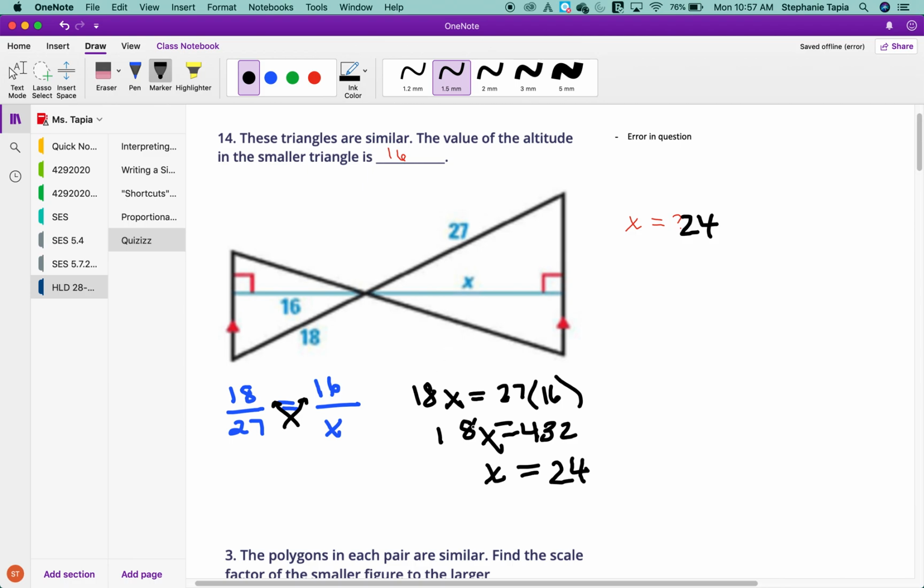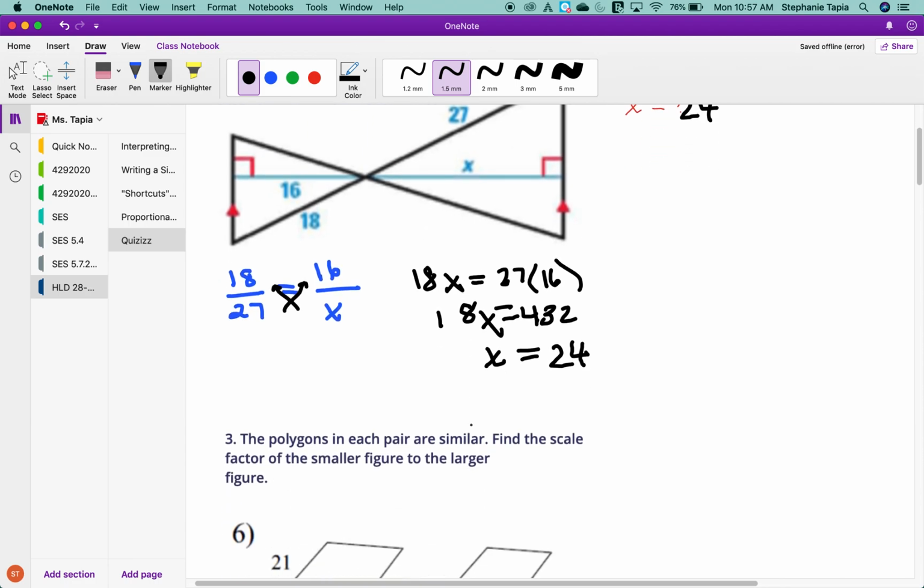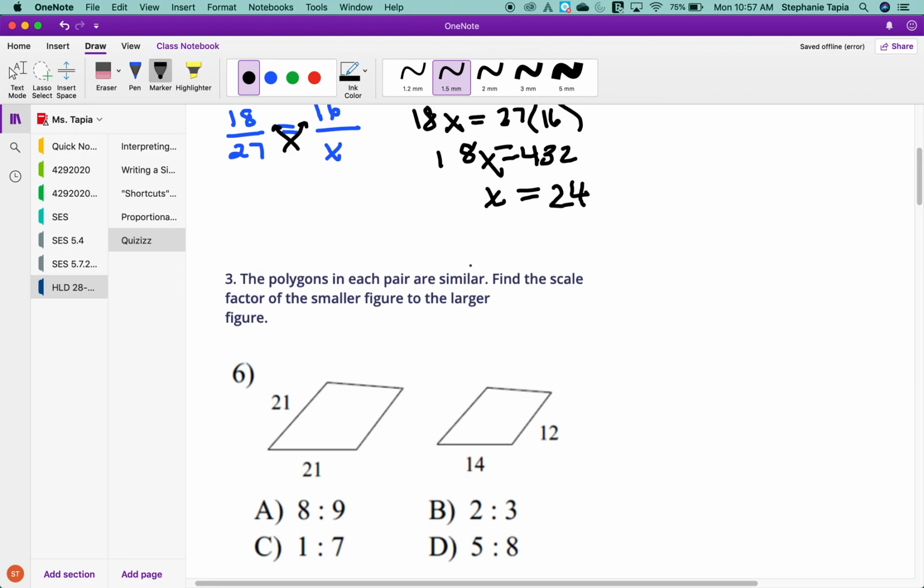Okay. Moving on. The polygons in each pair are similar. Find the scale factor of the smaller figure to the larger figure. So I put this question on here because the question was, when you're finding the scale factor, does it matter which figure is on the top and which one's on the bottom?